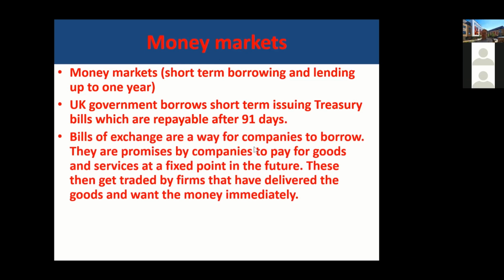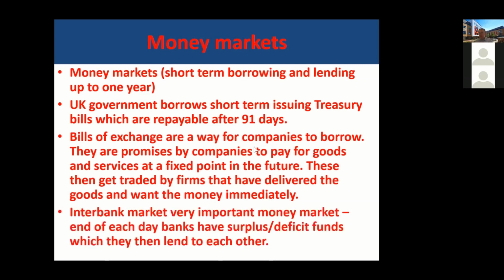Essentially, bills of exchange are promises by companies to pay for goods and services at some fixed point in the future. These can then be traded by firms that have already delivered the goods, but want to get the money immediately instead of waiting for a month, 2 months, 3 months.